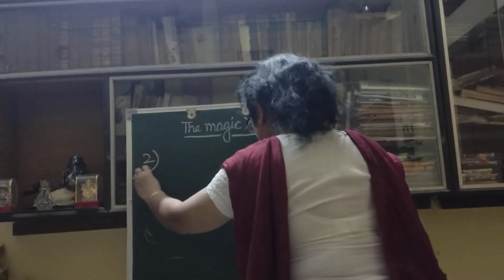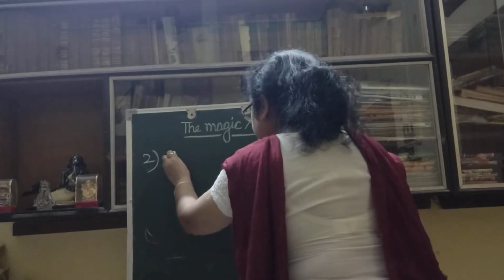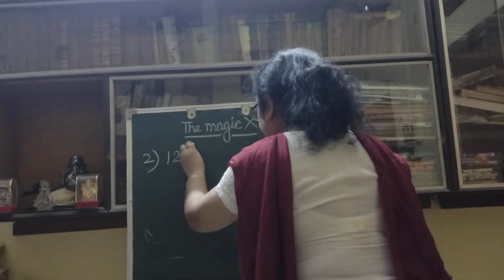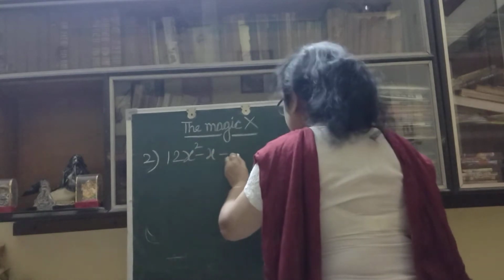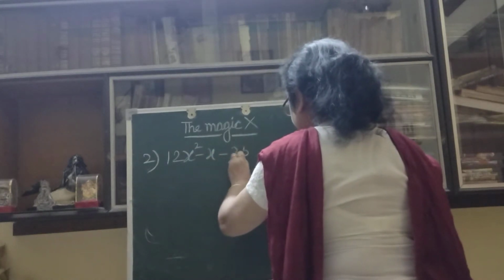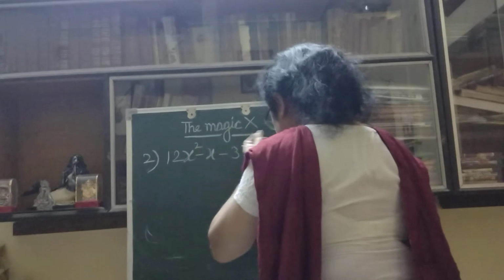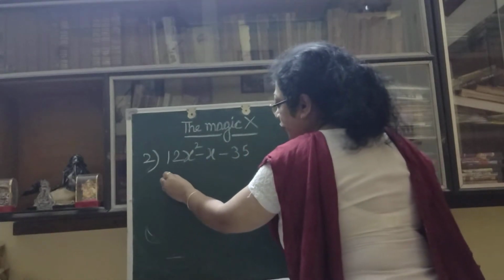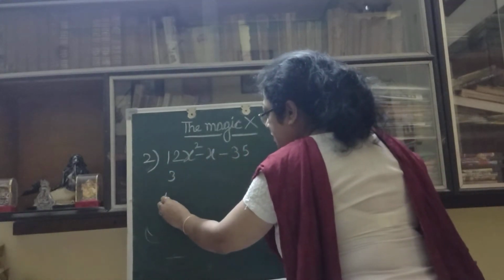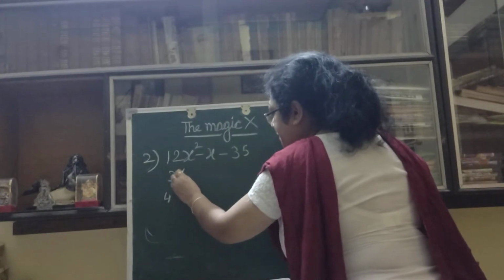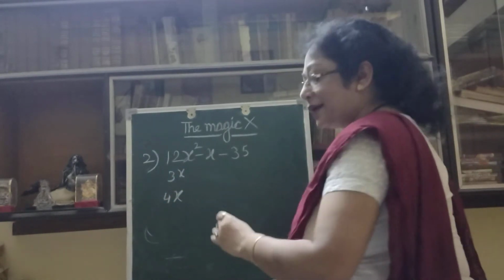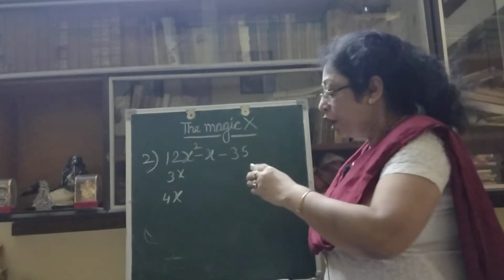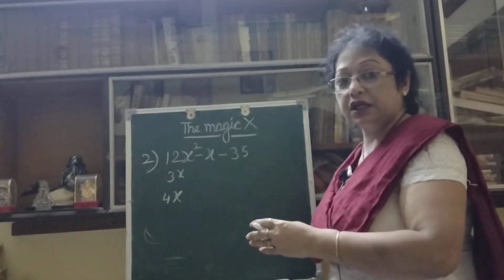That is 12x square minus x minus 35. So, here 12. We know 3 times 4 is 12. With experience, when you practice, you will understand which factor you will take, 2 times 6 is 12 or 3 times 4 is 12.